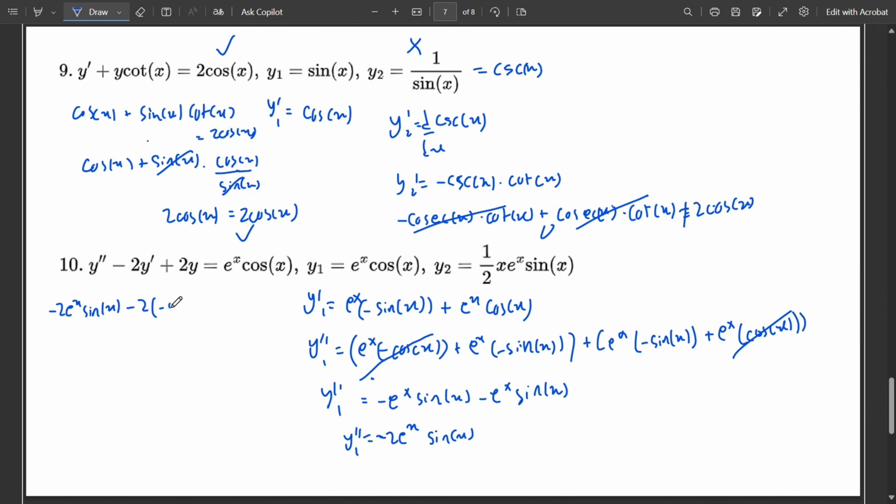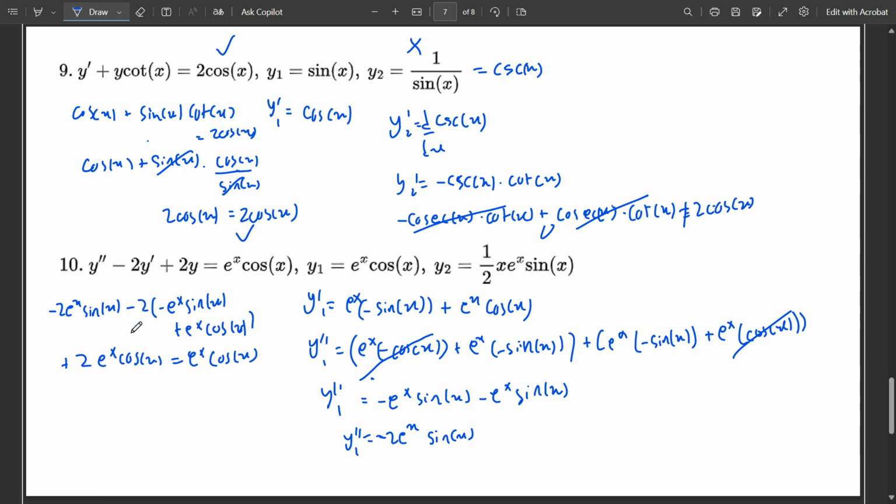Y prime is negative e to the x sine of x plus e to the x cosine of x, and plus 2y. Okay, we have plus 2 times y. What's our y? E to the x cosine of x. Does it equal e to the x cosine of x?